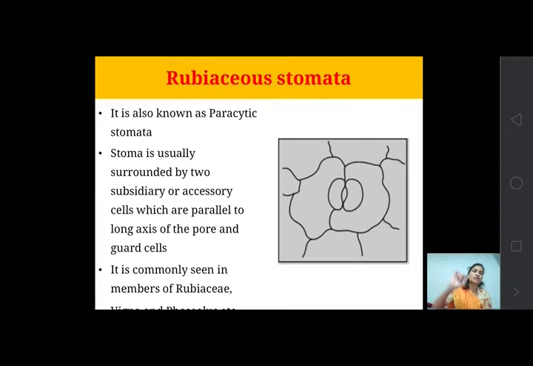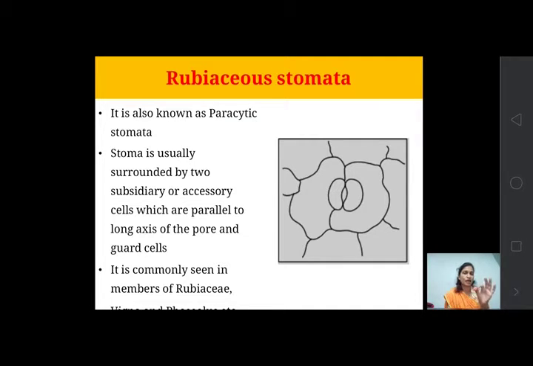The next, that is the third type of stomata, is known as rubiaceous stomata. Now this rubiaceous stomata is also known as paracytic stomata. Why is it known as paracytic stomata? Because you can see the two bean shaped guard cells are surrounded by only two subsidiary cells. But the arrangement of these two subsidiary cells is parallel to the axis of the guard cells.